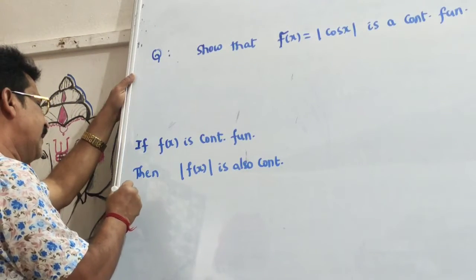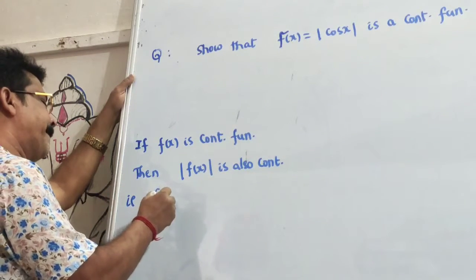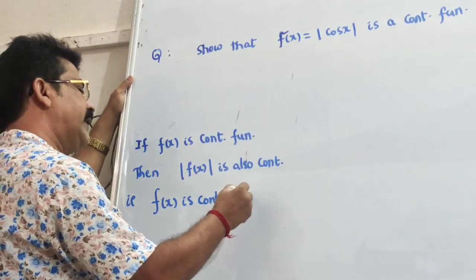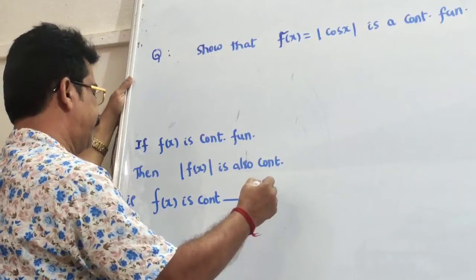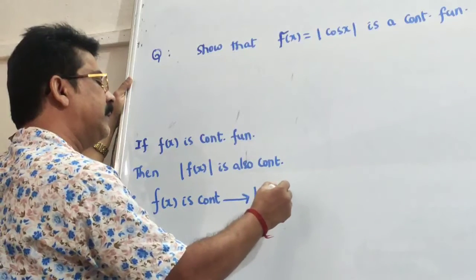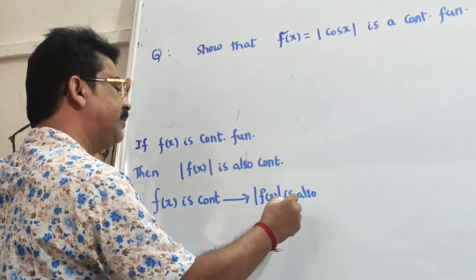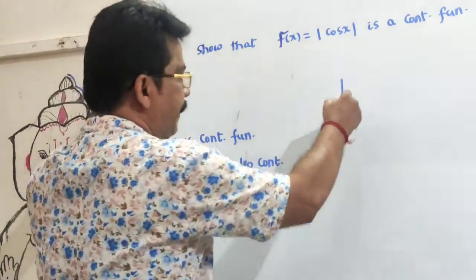That is simply f of x is continuous implies modulus of f of x is also continuous. This is the formula.